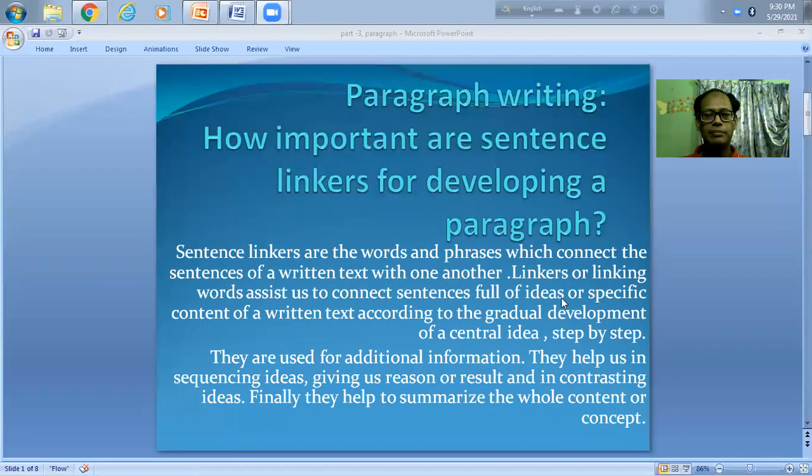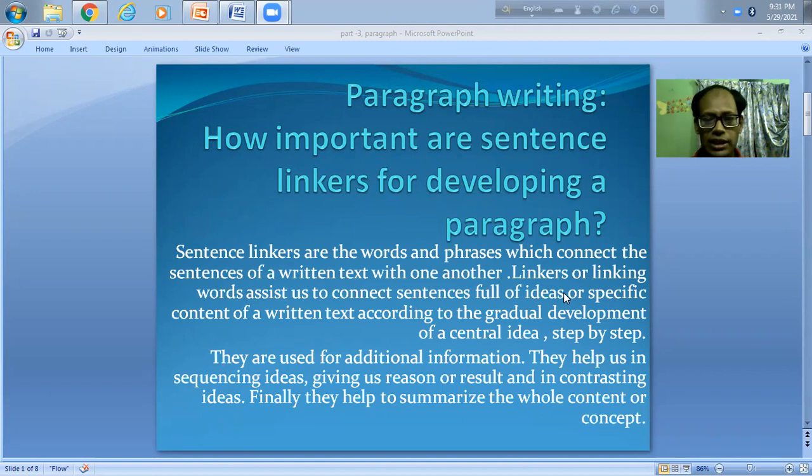Just look at the screen and you will find the context and content I'm going to discuss. Today I'm going to discuss how important sentence linkers are for developing a paragraph. You do have the idea about sentence linkers or sentence connectors.